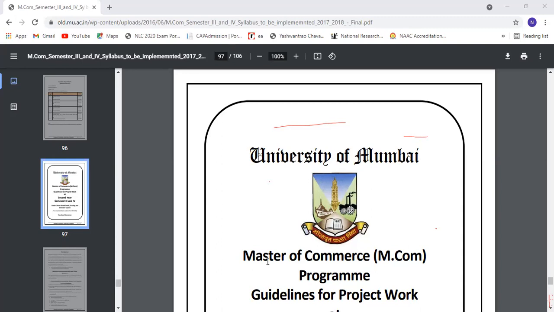Prepare the project in such a way that your next batch will see that this is really a very good project. Students, one by one I will explain the chapter scheme. The first chapter is the introduction part.